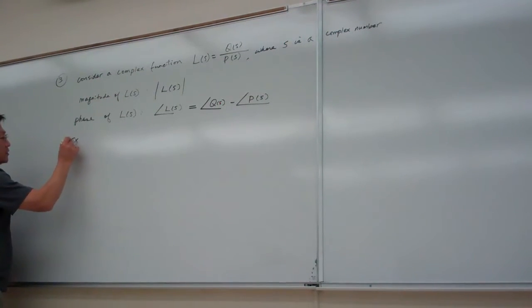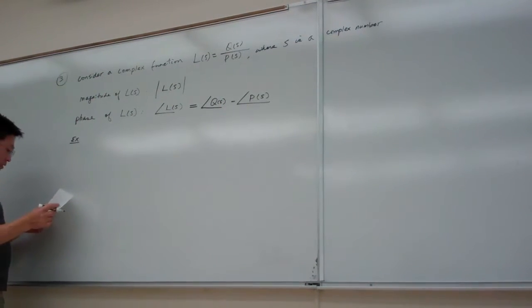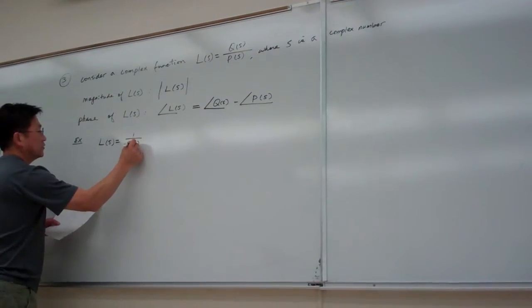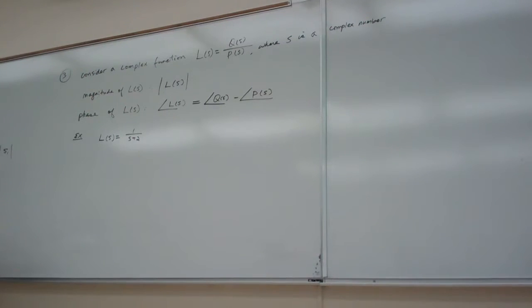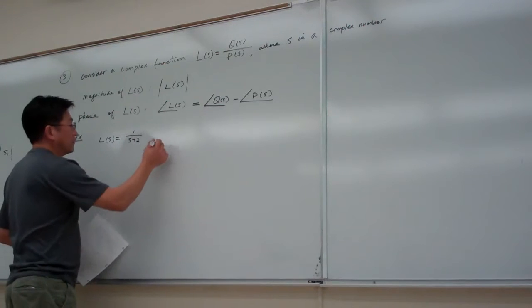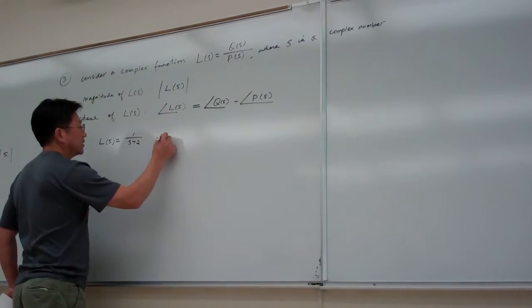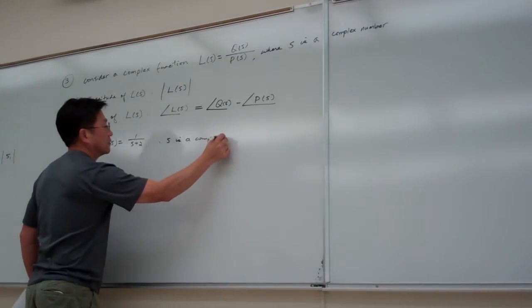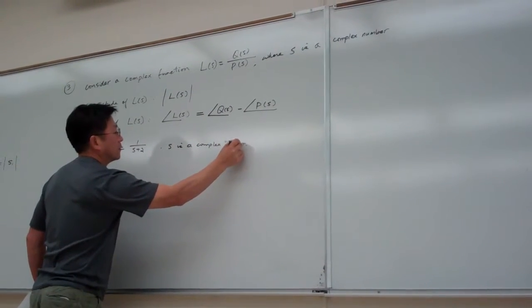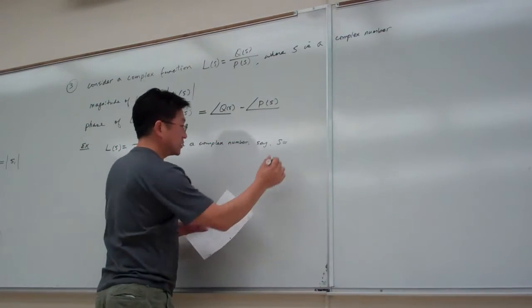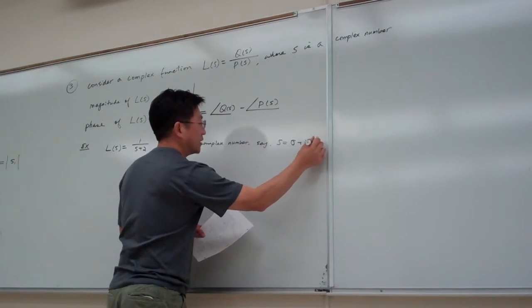Doing so, maybe we can look at a few examples to see how we can do this. So for example, here L(S) equals 1 over S plus 2. If we have this function, then because S is a complex number, say S is any general number, let me say sigma plus J omega.